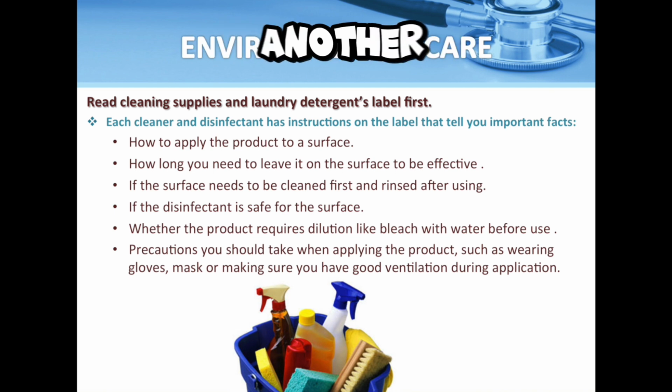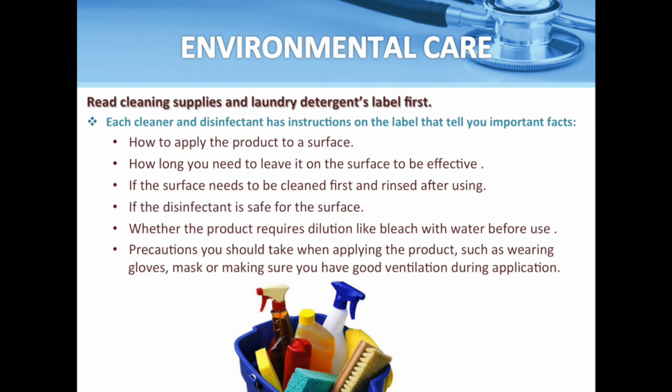Environmental care is another part of universal precaution, and it requires that we maintain a very clean environment to have good health. When using cleaning products that you purchase on the market, please check the label. The label will tell you how long the product needs to be left on the surface, how long you need it for wet time, whether you need to use gloves or gown, or if you need to wipe or clean up the surface before you use it.